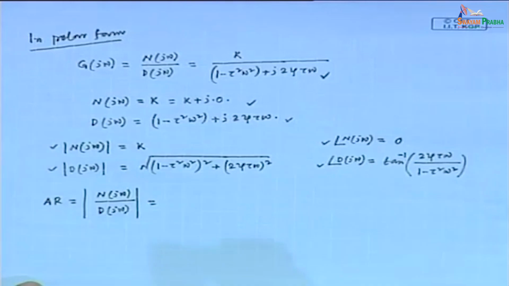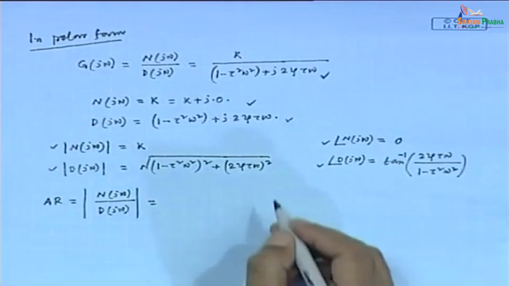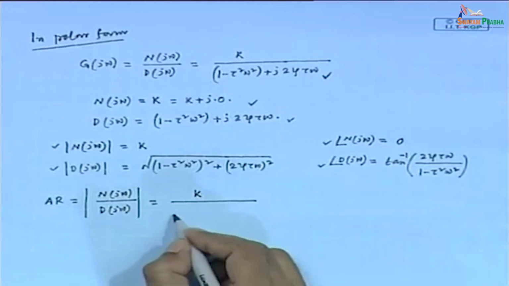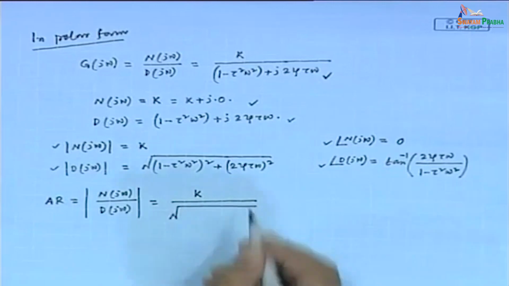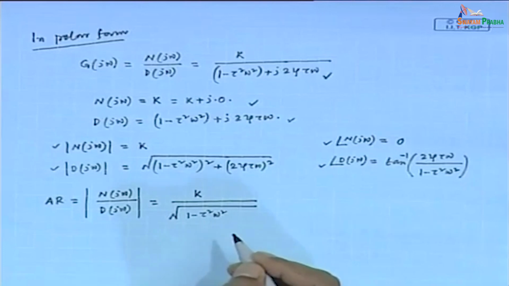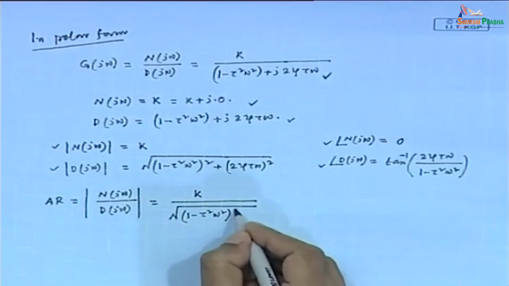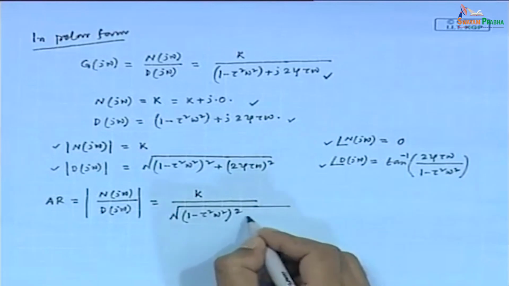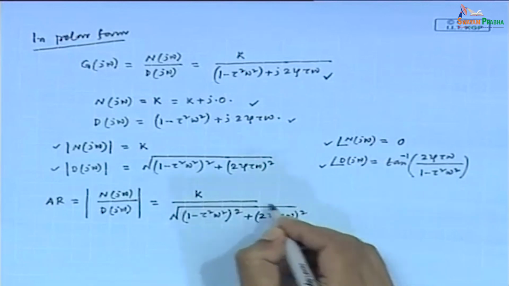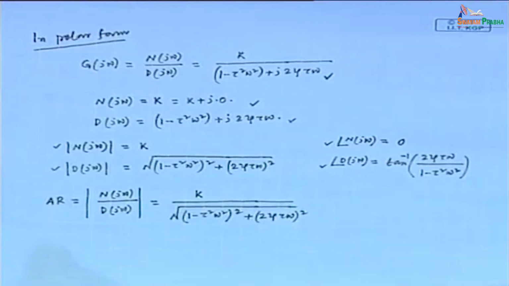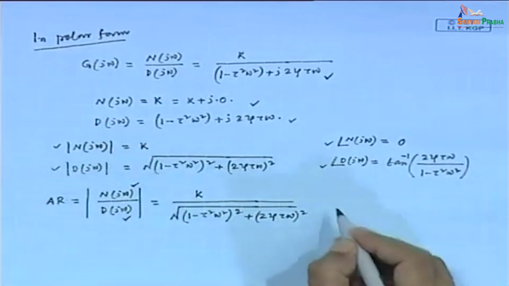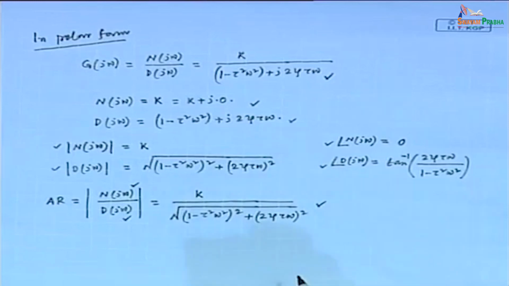If we substitute the magnitude of N and D, we obtain K divided by root over of (1 minus τ² ω²) whole square plus (2ζτω) whole square. After substituting the magnitude of N and D, we obtain this form for amplitude ratio.